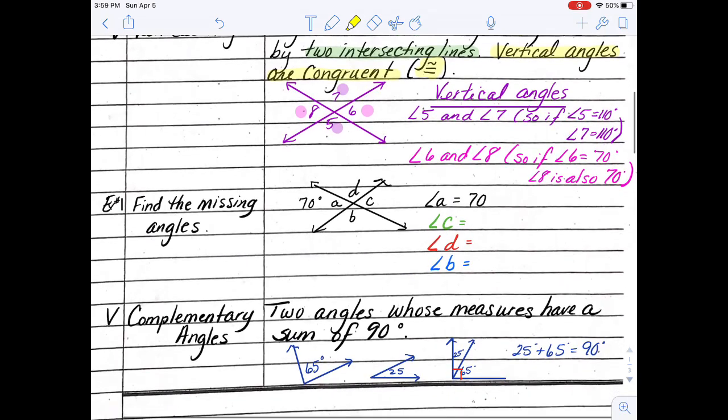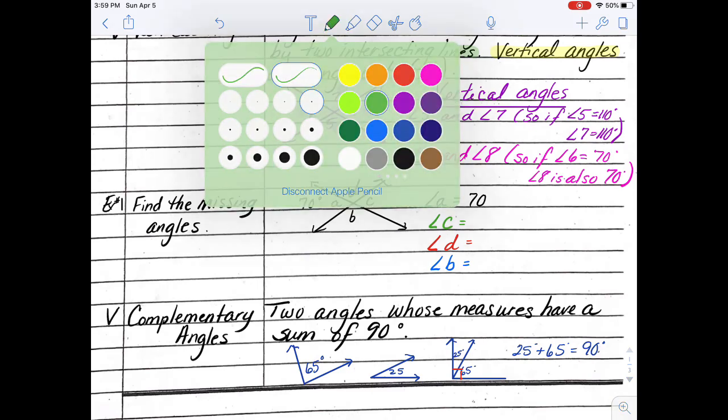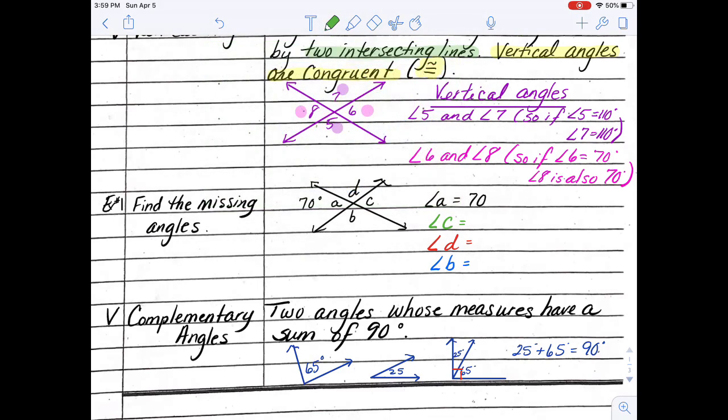So if I gave you this nice little angle, two lines are crossing each other, makes those 4 angles, 5, 6, 7, and 8. I'm telling you here that angle 5 is a vertical angle to angle 7. And since they are vertical angles, they are the same. They're congruent. So I put it over here that angle 5 and angle 7 are vertical.